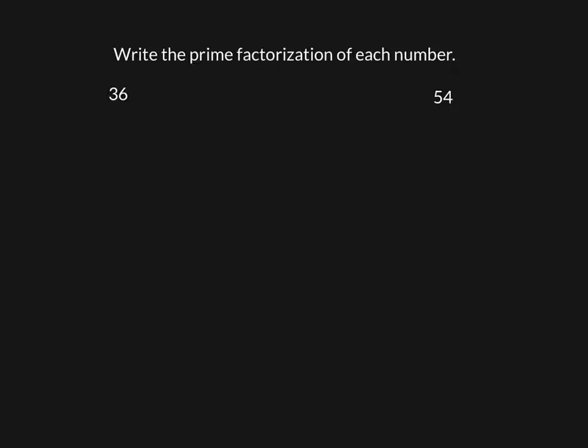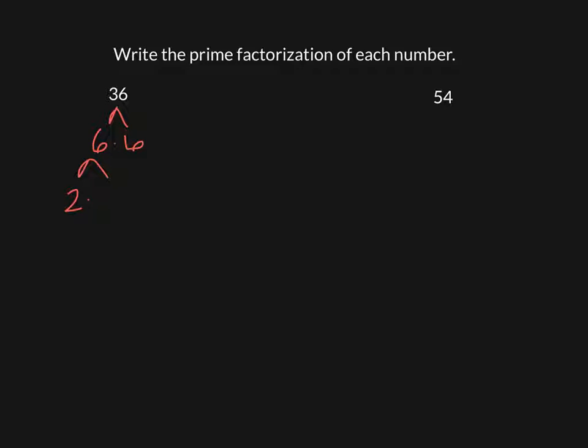All right, so the trick with prime factorization, I have 36 and I know 2 can go in there. But if I can find bigger numbers like 4 and 9 or 6 and 6, if I can find bigger numbers that go into it, I won't have so many numbers to work with. So let's go 6 and 6. And then none of those are prime, so I don't want to circle them.